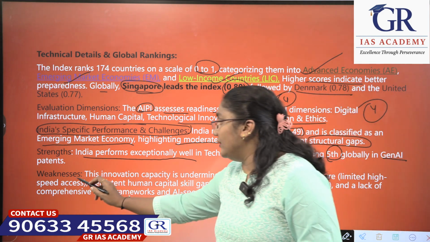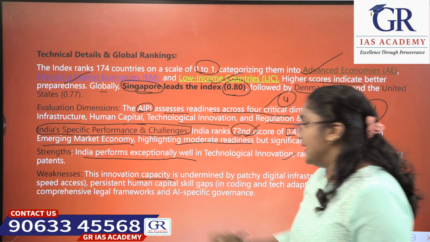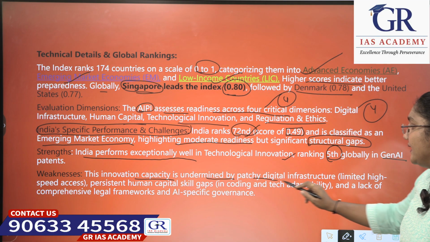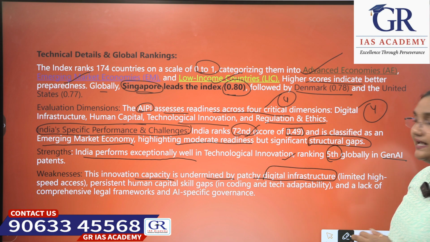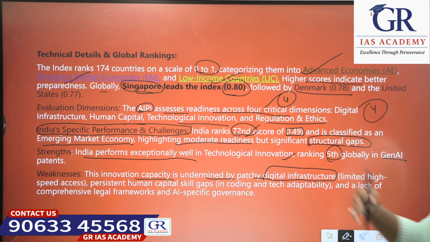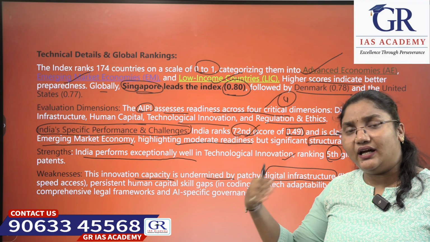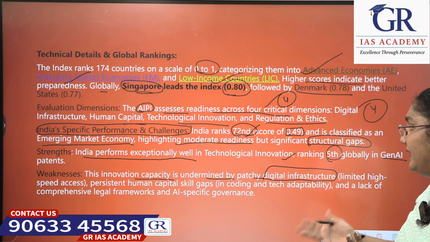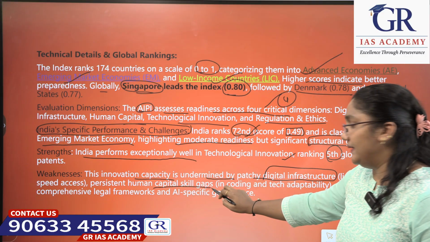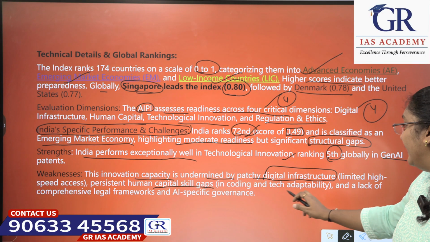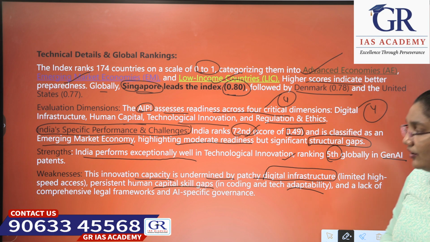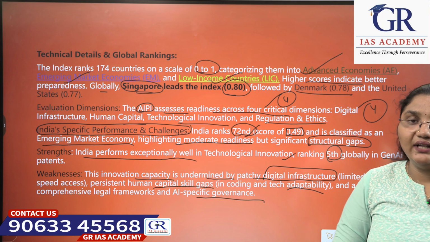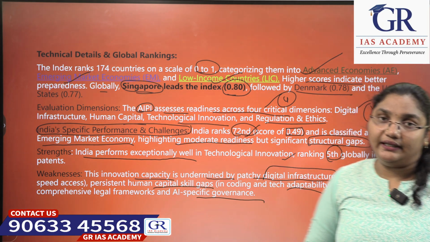Next, coming to the weaknesses, this innovation capacity is undermined by patchy digital infrastructure, like limited high speed access. We are importing, but we are lacking high speed access, persistent human capital skill gaps like in coding and tech adaptability, and a lack of comprehensive legal frameworks and AI specific governance. These are a few weaknesses of India.